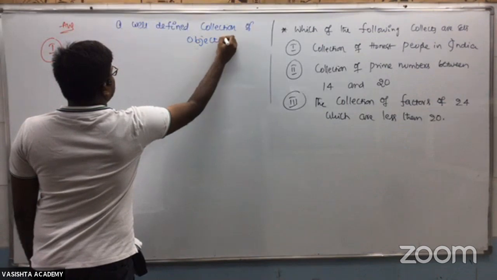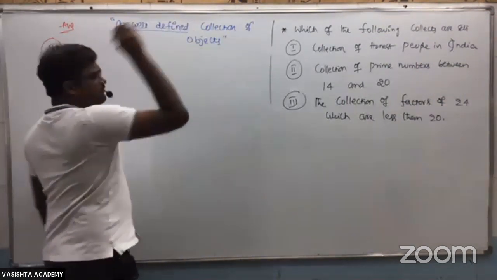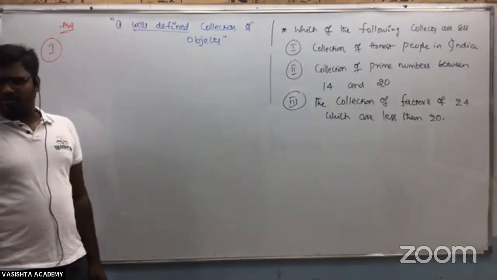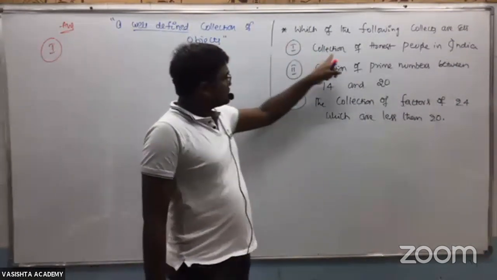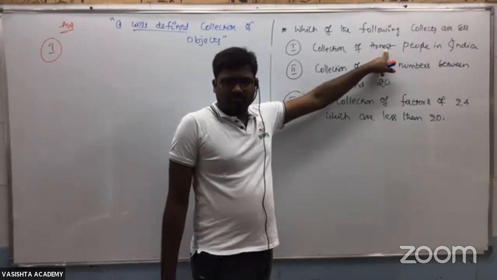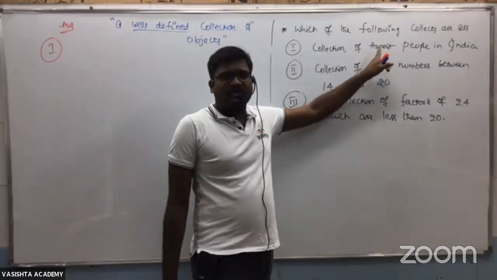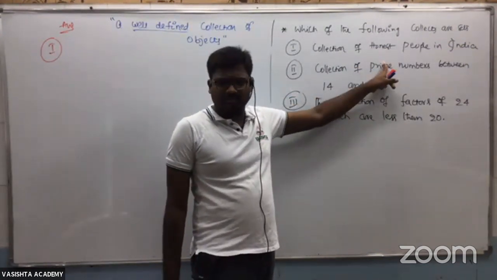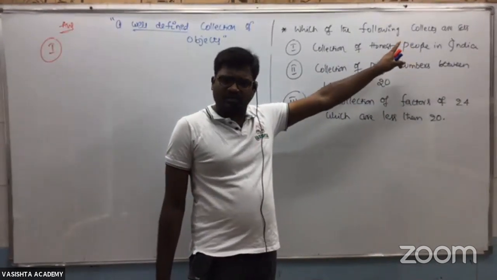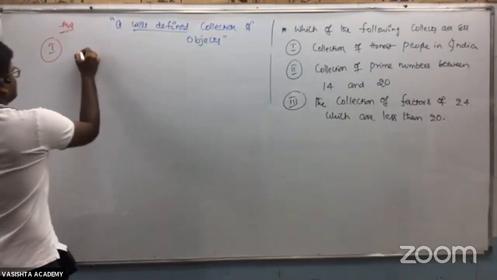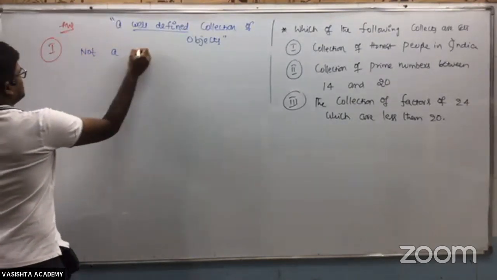This is the definition of a set. Well-defined is very, very important. As I already told you, there is no unique definition of honest. It varies from person to person, isn't it? So, the collection of honest people in India is not a set.